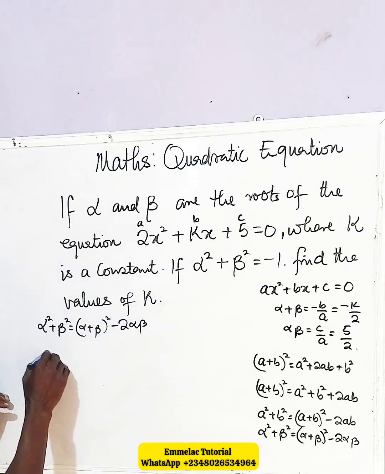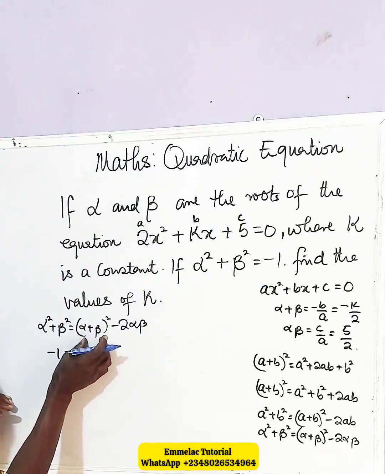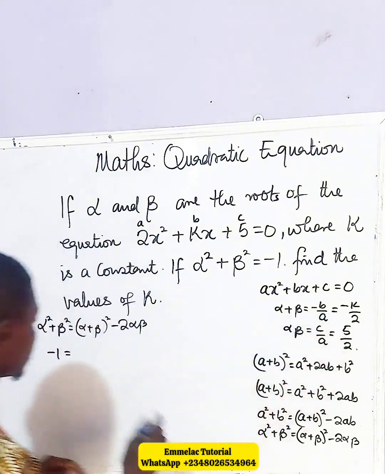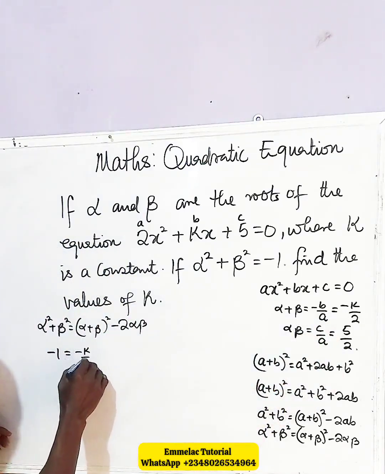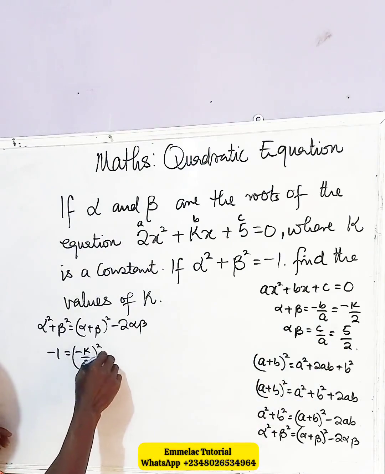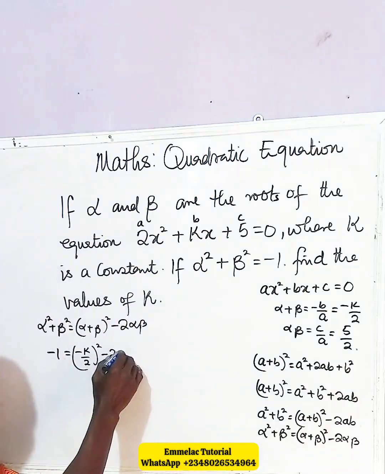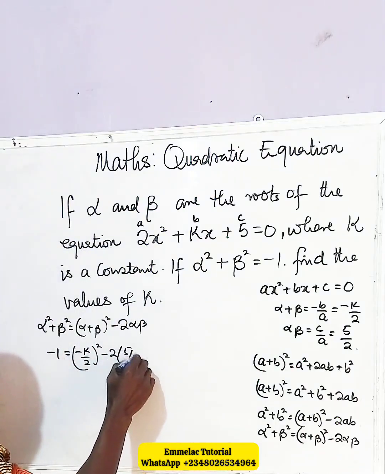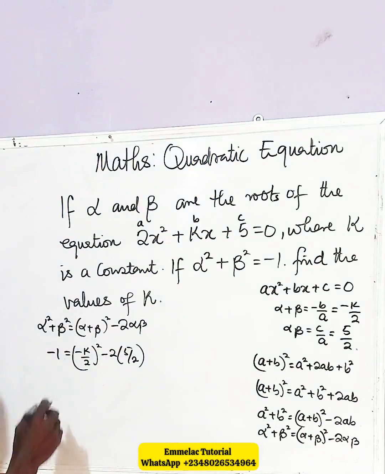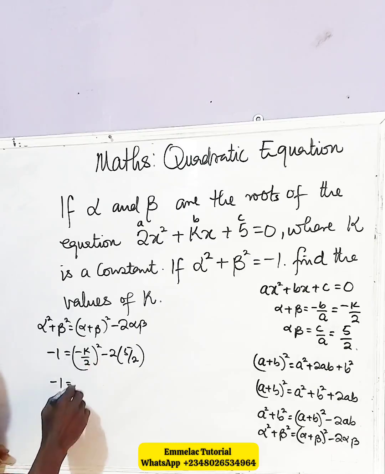So let us replace it with -1, and it equals alpha plus beta, which is minus k all over 2 all raised to the power 2, then minus 2 times alpha beta, which is 5 over 2. So this is -1 equals, expanding this bracket, we now have k squared all over 4.